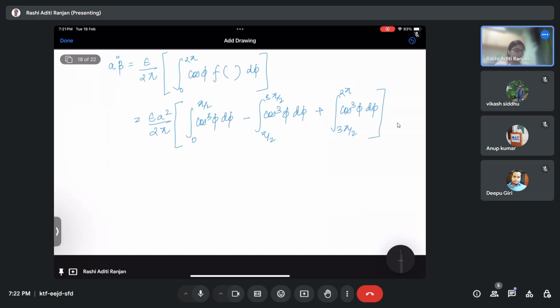Okay. Now using the identity cos cube phi. See, this has very much like trigonometric identities and everything, so we'll just do it quickly. It's going to be 3 cos phi plus cos 3 phi by 4, with a plus. Okay.